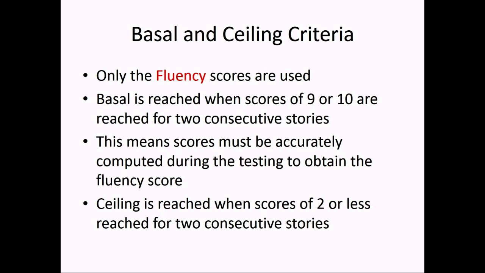To calculate the basal and ceiling, only the fluency scores are used. And remember, the fluency score was the converted rate score plus the converted deviations from print score or accuracy score. And when I added those two together, I got the fluency score. That's the score that we're going to use for basal and ceiling.